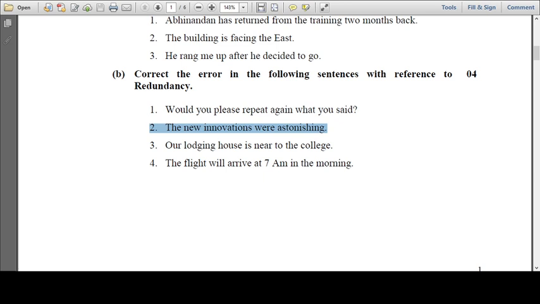Till then, I am going to write the answer of this one.